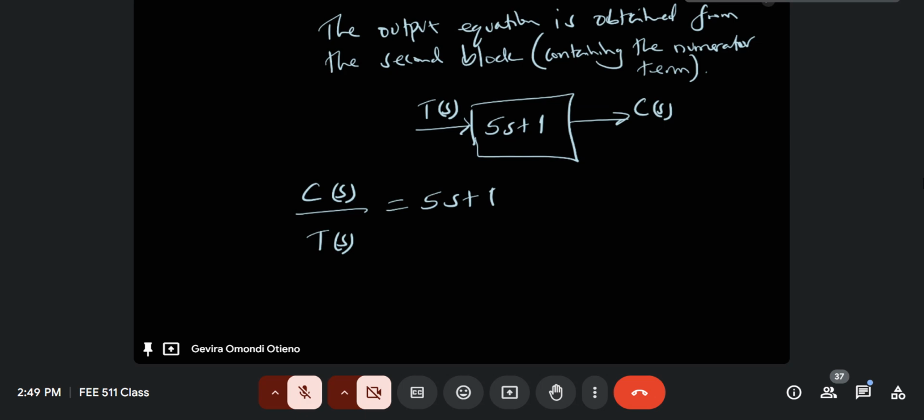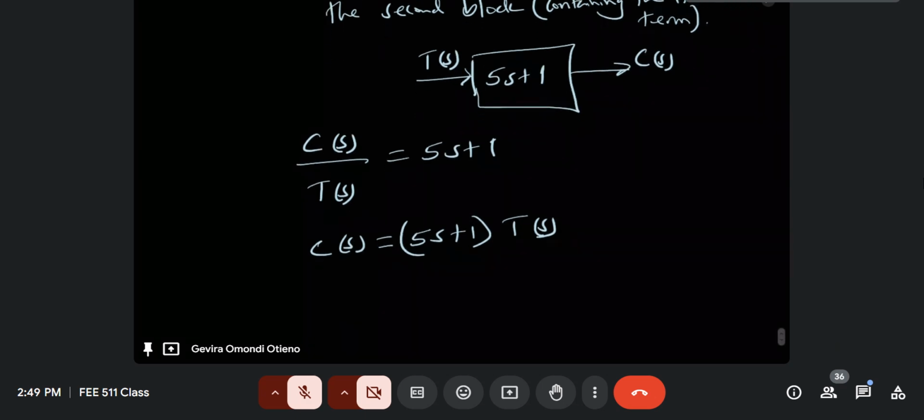So now from here, if we linearize this, you can see that we'll have C of S equal to 5S plus 1 times T of S. Notice we are now on the second block, and we want to use it to obtain the output equation. We've already obtained state equations from the first block.